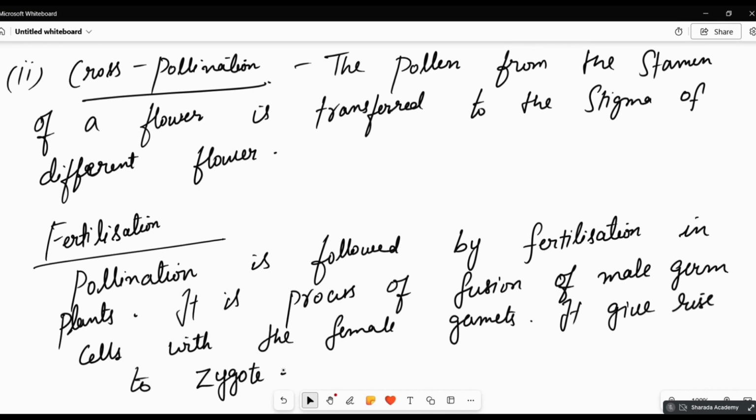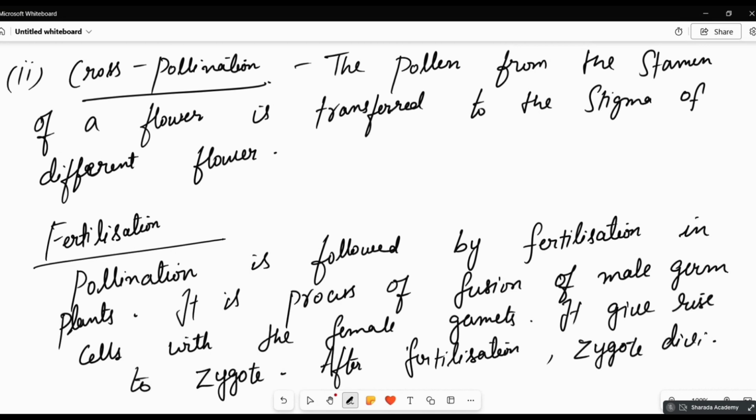After fertilization, zygote divides many times.